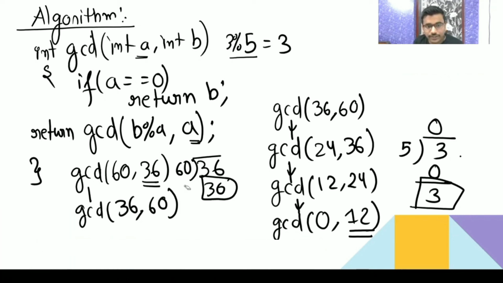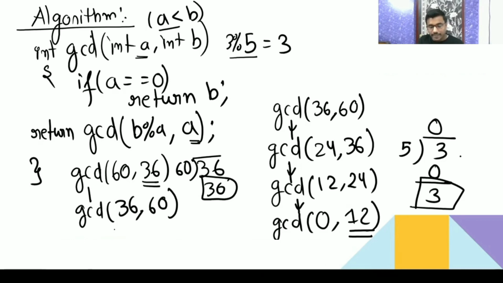What is it doing? Here always A is smaller than B. If A is greater than B, we first do the swap of these two, then again we find it.